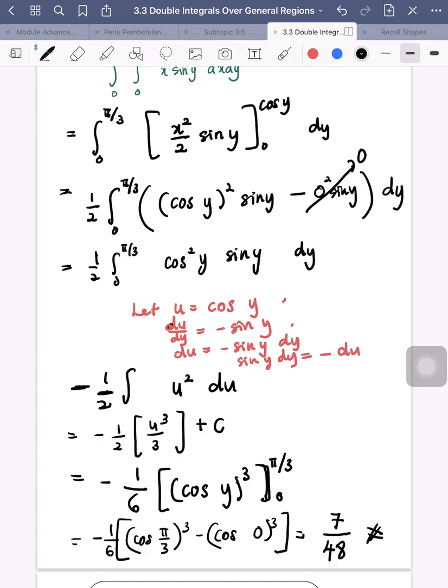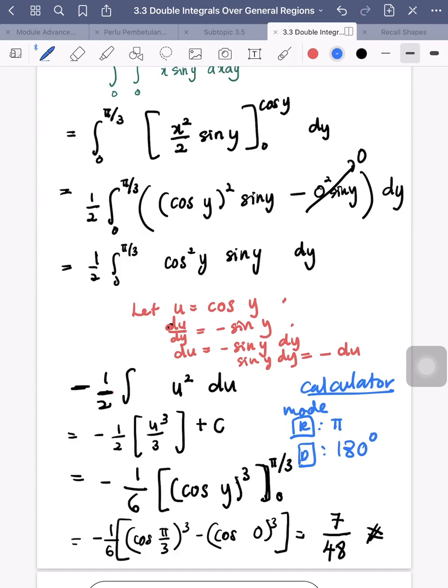Note that some of you might be confused when using the calculator. Please make sure you use mode radian if you want to type pi. If you use mode degree, you have to change the pi to 180 degrees, then you will get the same answer.